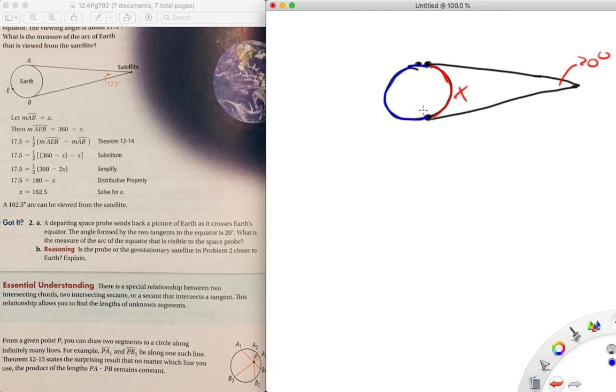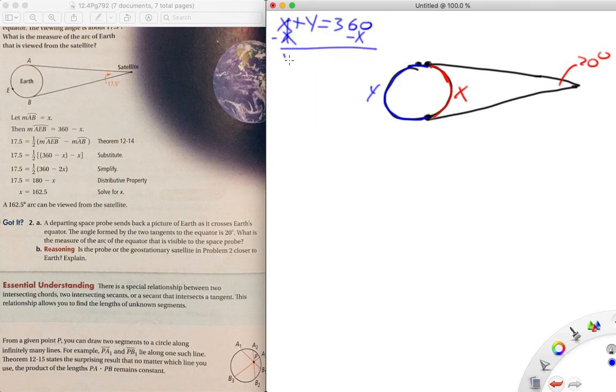But since I know that a complete circle or a complete rotation is 360, and let's call this y for right now, I know that x plus y equals 360. To find out what y is, I would just subtract x from both sides, right? Minus x, minus x.